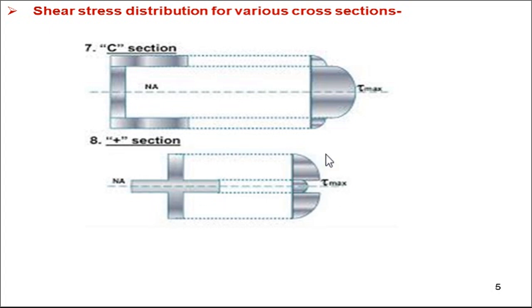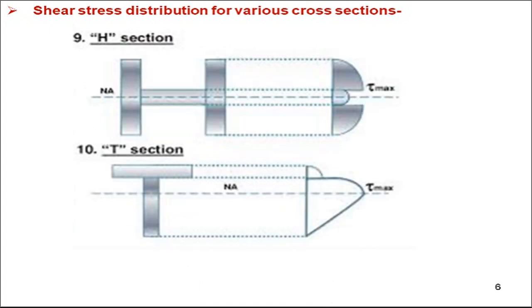This is the shear stress distribution for the plus section, and this is the distribution for the C section. You have to remember this because many times in objective type questions they show diagrams and ask which diagram is correct for that section. So you should remember where it is maximum, where it is 0, and the shape of the shear stress distribution.